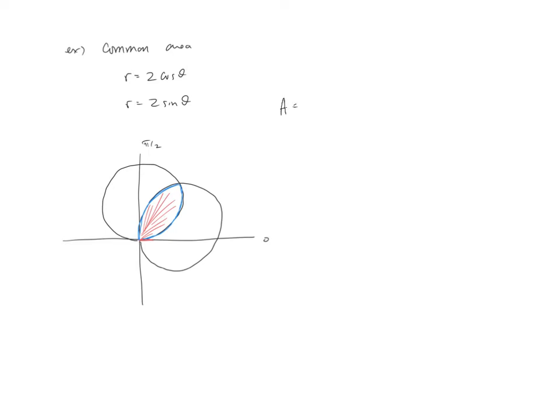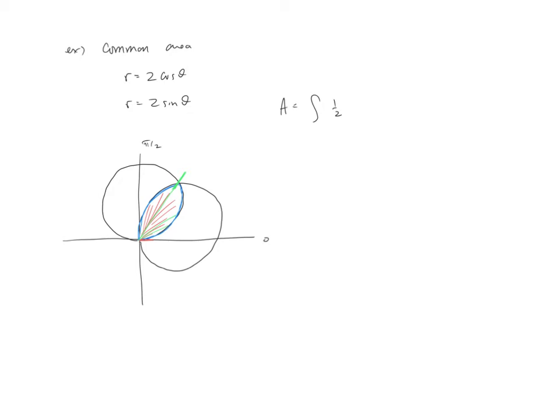Our area would be the integral, and I would have my 1/2 r squared d theta. And so to get this thing started, let's say I start here and I move out. It looks to be that when I hit my intersection point right here, that's going to be where I change over from this circle to this circle. So I'll start with my 1/2 of this circle, which would be my sine circle.